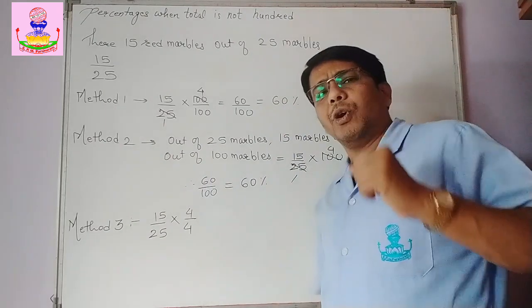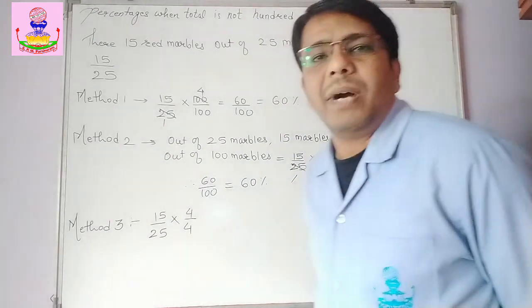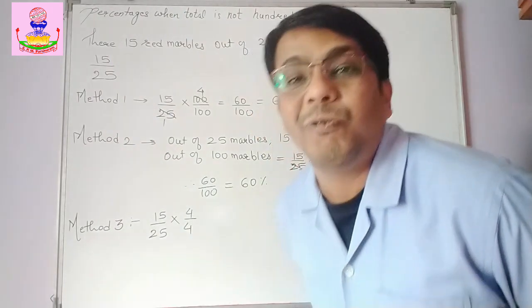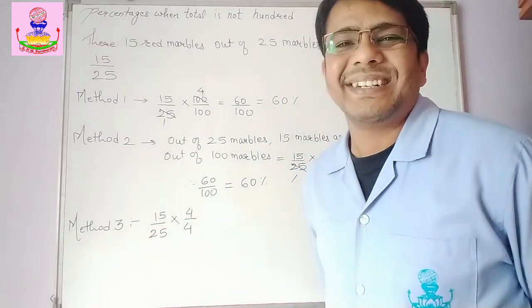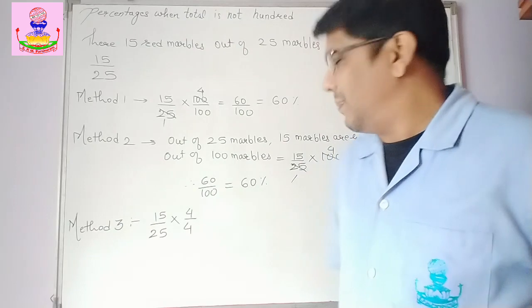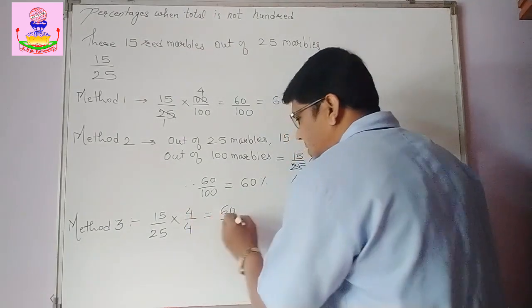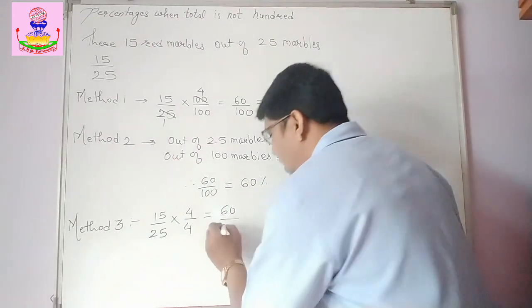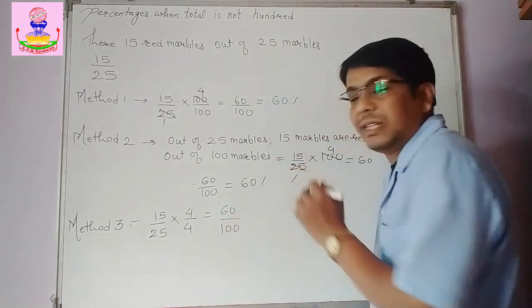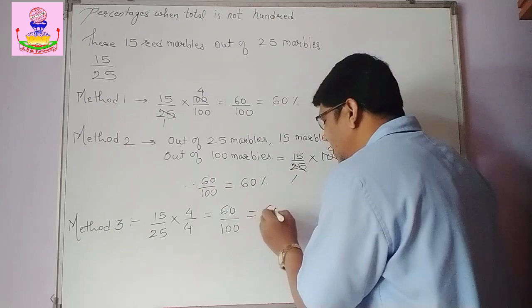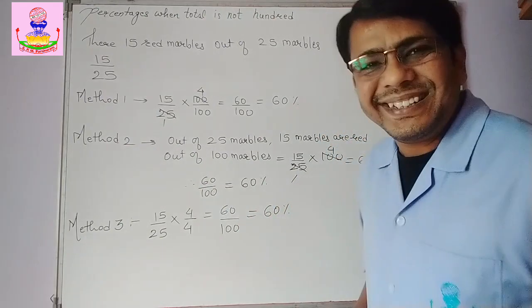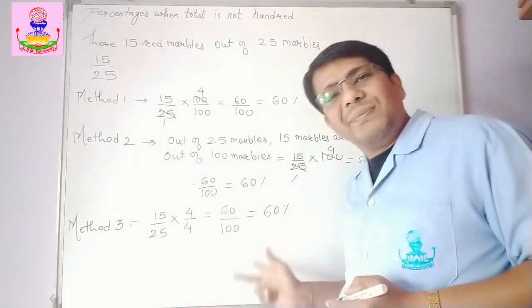He knows 25 4s are 100. So if I multiply and divide by 4, what will happen? Let us see. 15 4s are 60, 25 4s are 100, and 60 upon 100 is 60%. Is it right? Answer is same.